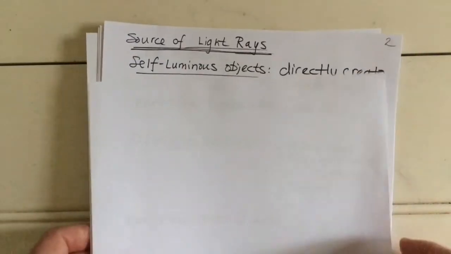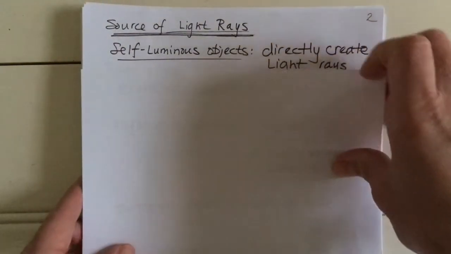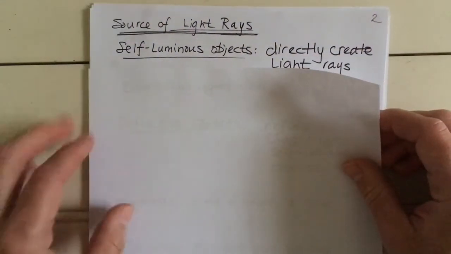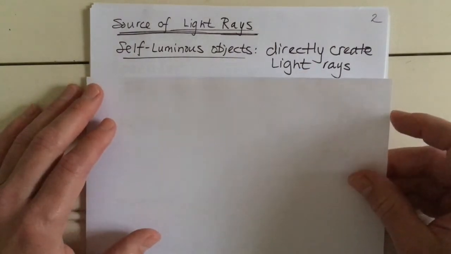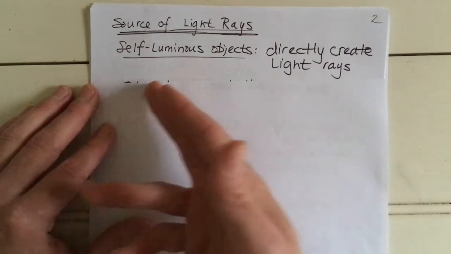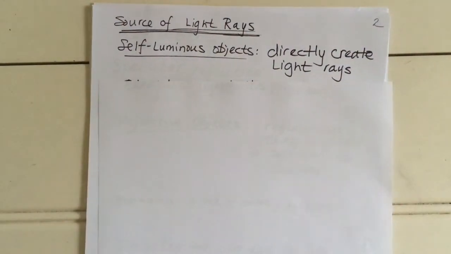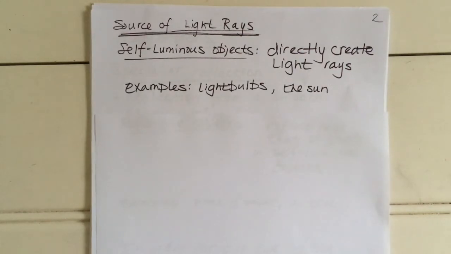When we have a source of light rays, an object can be either luminous or illuminated. A self-luminous object directly creates light rays. Some examples are light bulbs and the sun.